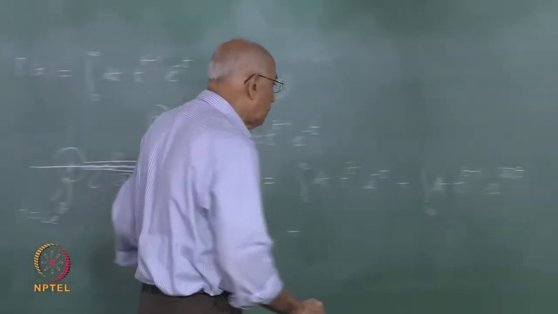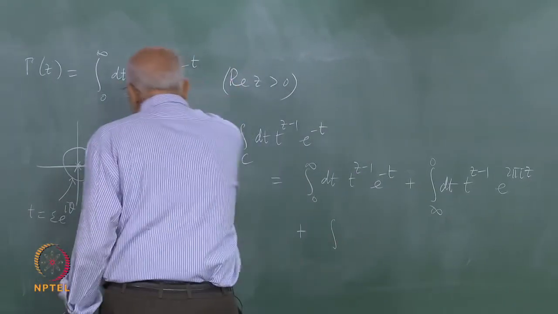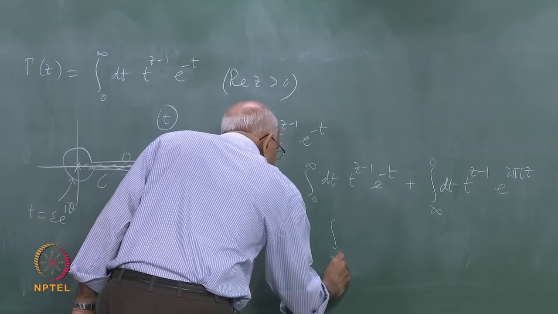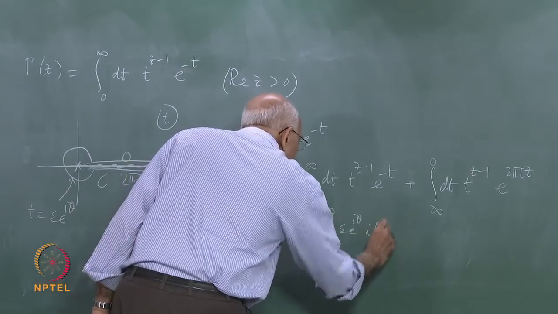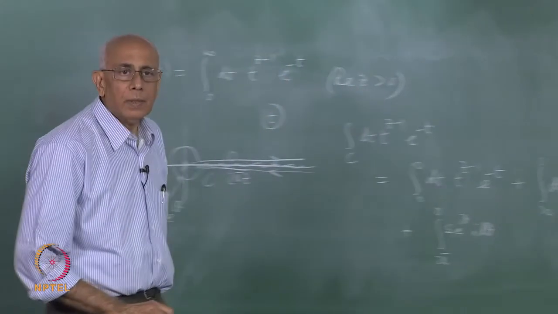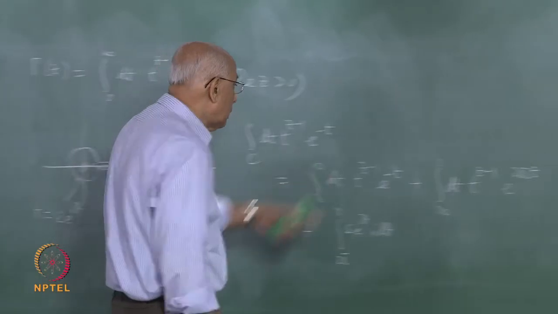So the contribution from that circle is of the form an integral from 2 pi to 0 epsilon e to the i theta i d theta, that is dt, times t to the power z minus 1.